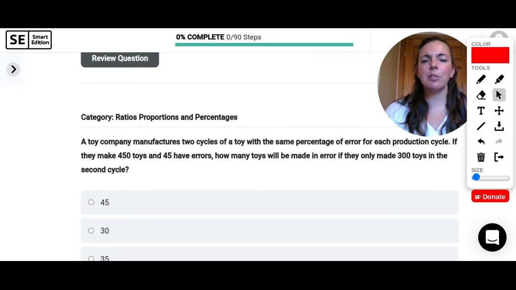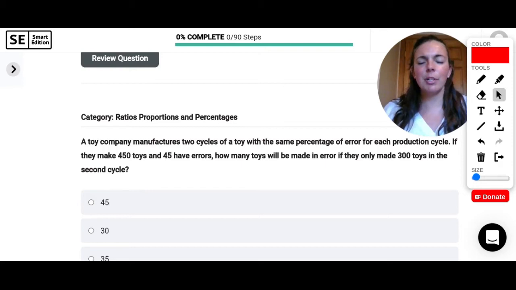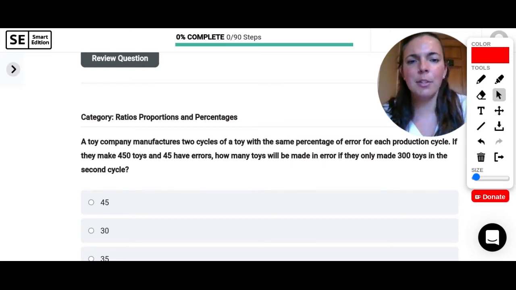A toy company manufactures 2 cycles of a toy with the same percentage of error for each production cycle. If they make 450 toys and 45 have errors, how many toys will be made in error? They only made 300 toys in the second cycle. So there's going to be the same percentage of error.